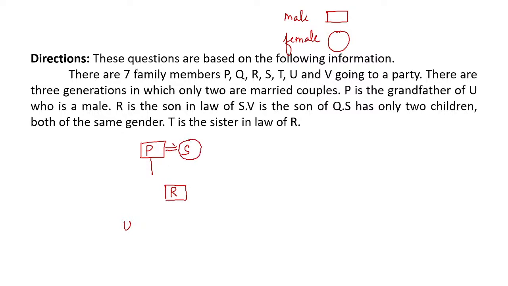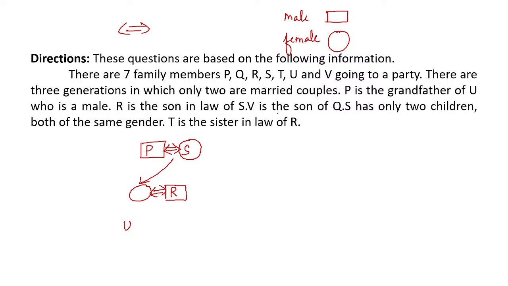So married couples I will represent using a double-sided arrowed line. Okay. So if R is the son-in-law, then P and S's daughter is married to R, right? So P and S has a daughter and that daughter is married to R and they both have a son or daughter which is U.